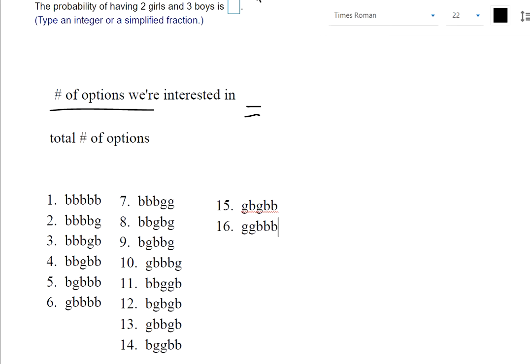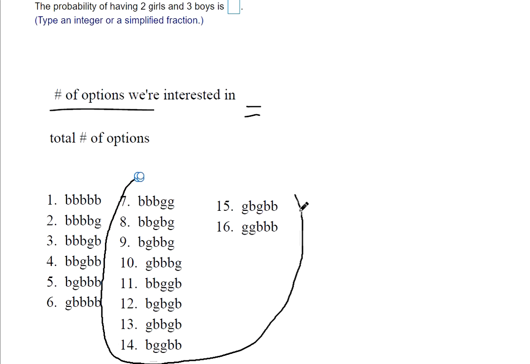I think we've got all of them now. Let me just double check. These are all the different ways that we could have 2 girls, 3 boys. Just double check and make sure I got all of them.